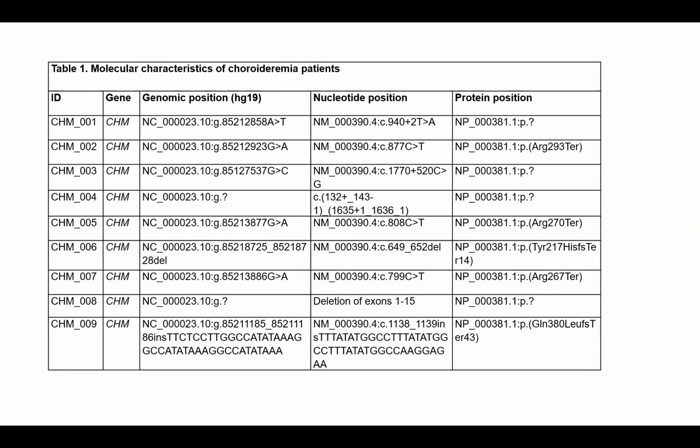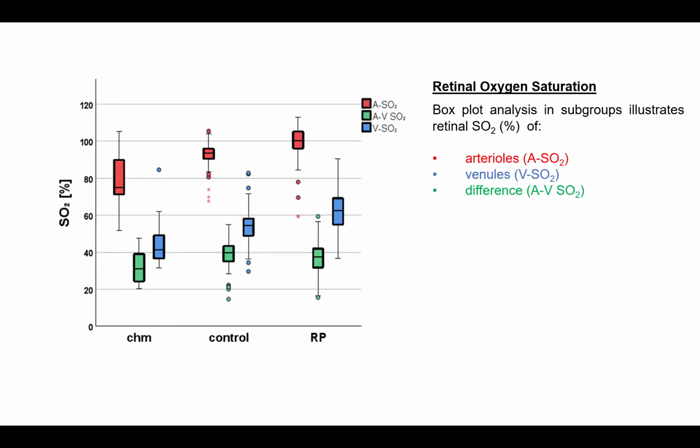All the choroideremia patients measured were molecularly confirmed, which means that they underwent genetic testing, and one mutation in the CHM gene was found in all participants with choroideremia. And these are the data we found.